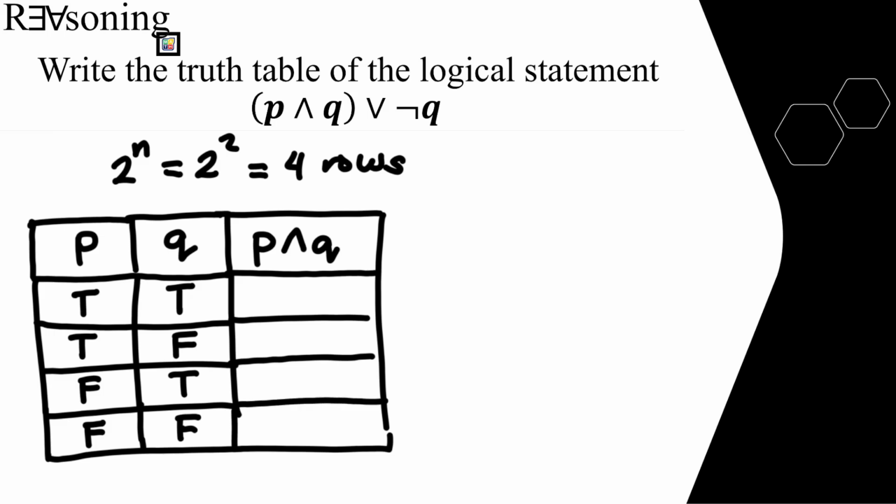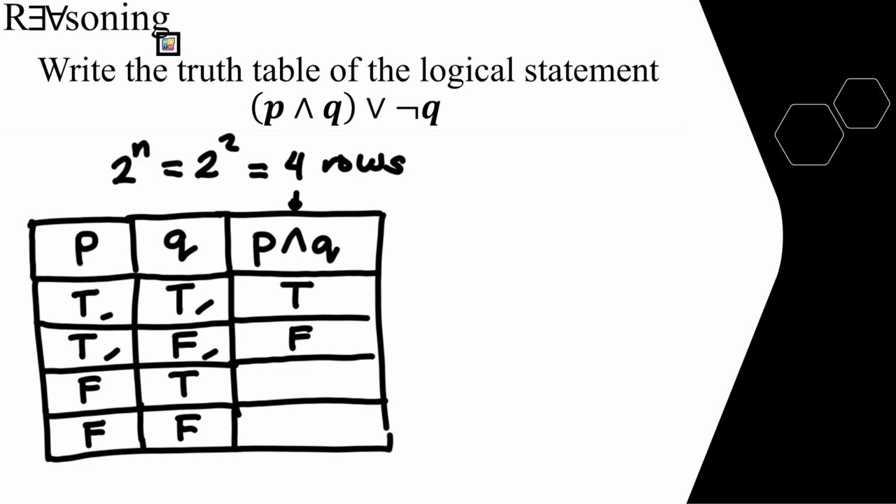For our conjunction, denoted by this notation here, the result is only true if both propositions are true. That would mean for the first row, true and true, this is true, because that is for the logical operator AND. For our second row, even if this is true, we have false for Q, so automatically this is false.